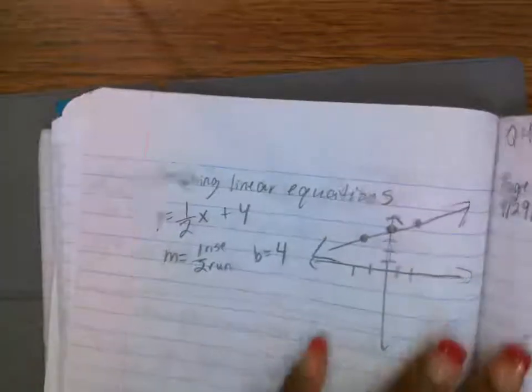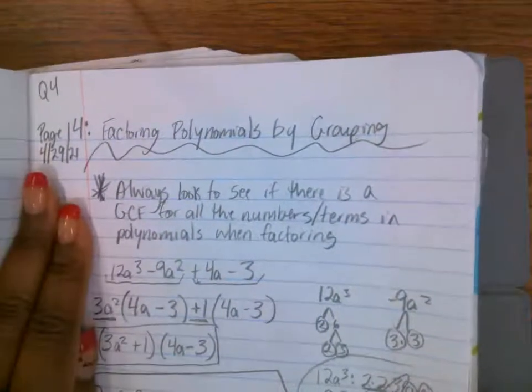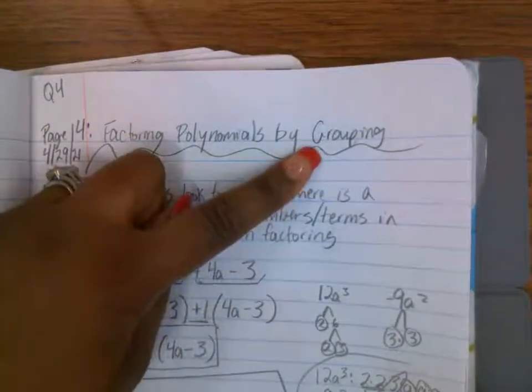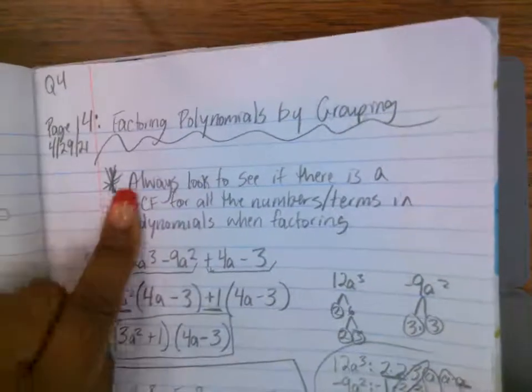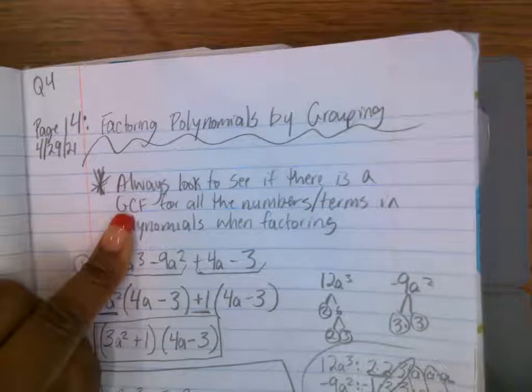All right, class. So today we're going to do factoring trinomials. That's where you have three terms. Last week we worked on factoring polynomials by using grouping and GCF. Remember to always look for GCF first.